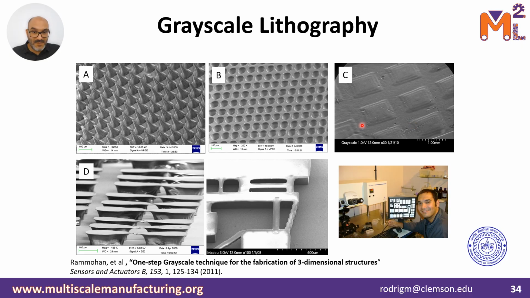That's why you see this particular pattern. In the case of D, this was exposed from the top, where the anchors of the post get exposed with full dose, and the little bridges in between are the ones that get exposed with partial dose, right? And you can find more details in this particular paper.